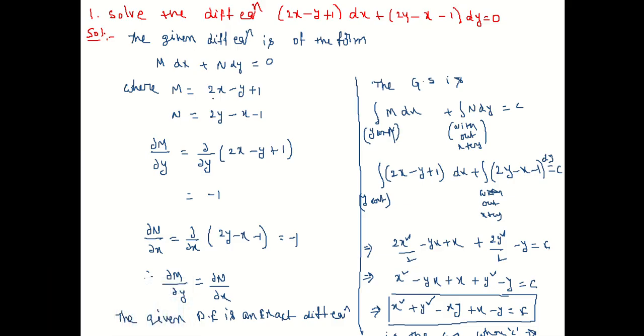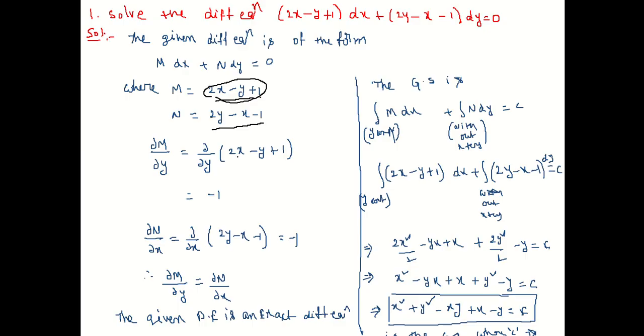M equals 2x minus y plus 1 and N equals 2y minus x minus 1. Now you have to check the condition, which is ∂M/∂y and ∂N/∂x. Differentiating M with respect to y partially, because here the term contains two variables x and y, so we differentiate with respect to y only.